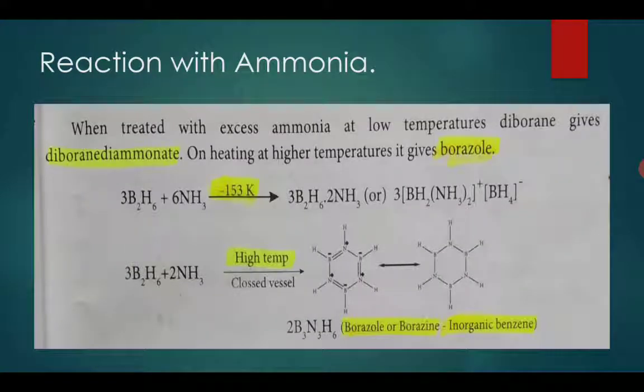And the next reaction is with ammonia. An interesting compound you will be getting here. Just please listen, a very important equation. When treated with excess ammonia at a very low temperature, that is minus 153 Kelvin, diborane gives a compound known as diborane diammoniate.